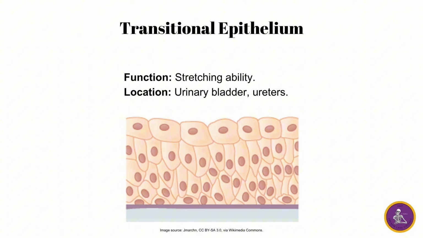This adaptability allows the epithelium to maintain a protective barrier while accommodating changes in volume as the bladder fills and empties. Transitional epithelium also helps prevent urine from diffusing back into surrounding tissues, making it critical for barrier function and distensibility in the urinary tract.